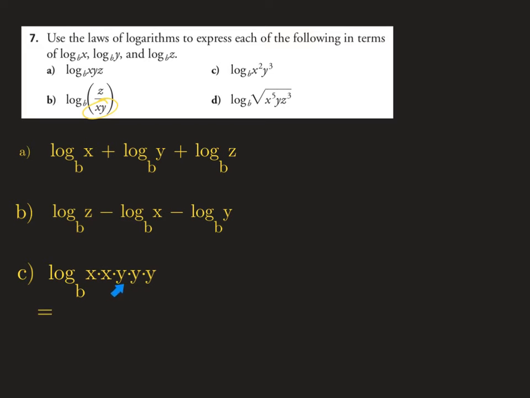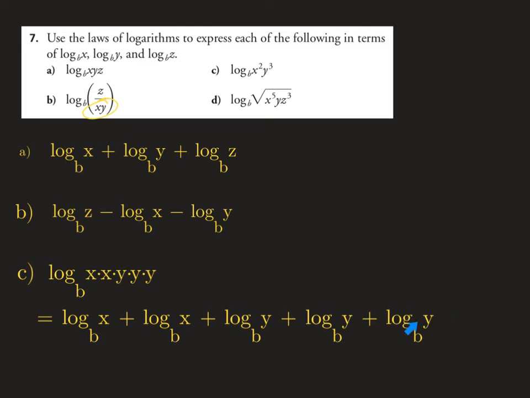So log of x base b plus log of x base b plus log of y base b plus log of y base b plus log of y base b. There you go. It's in terms of what they wanted.